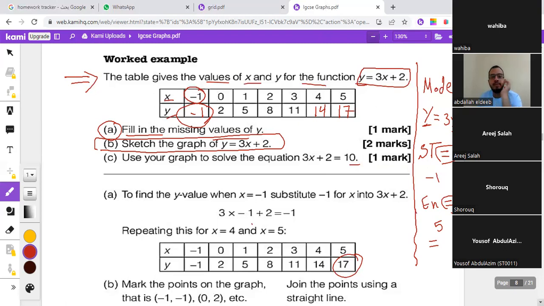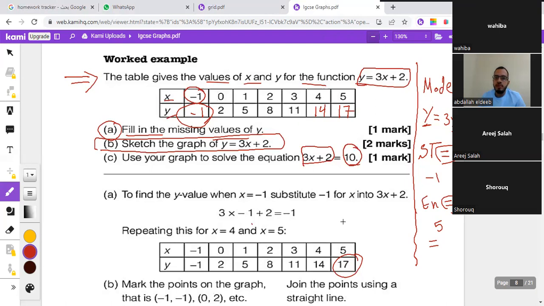Nice. Okay, see now, it says use the graph to solve the equation 3x plus 2 equals 10. Guys, here 3x plus 2 equals what? Equals 10. And 3x plus 2 is also y.